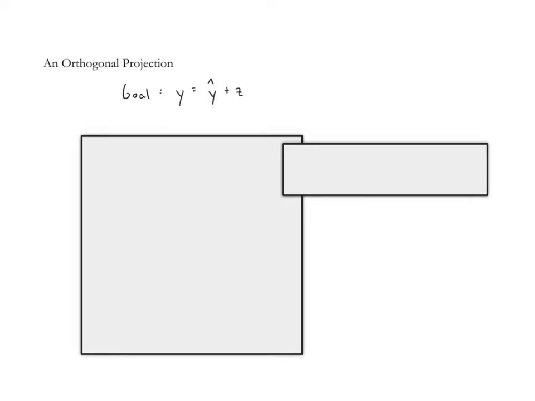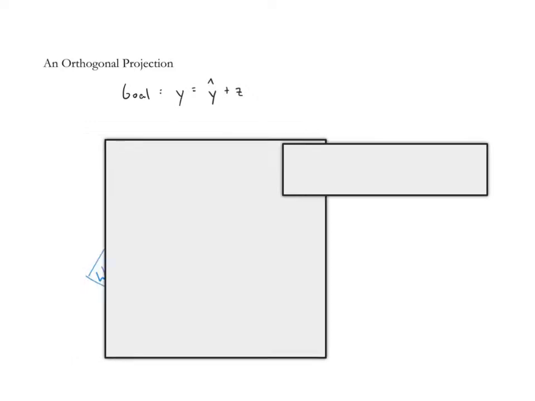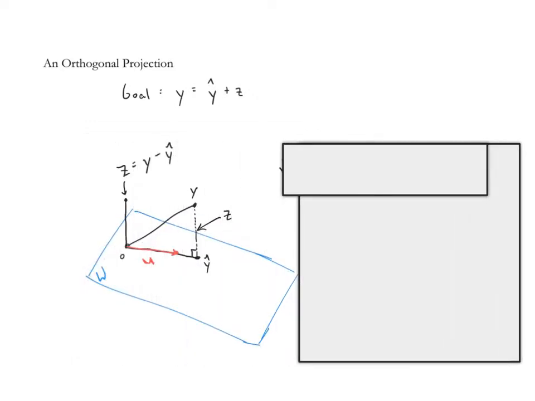In the relationship, what we're splitting y up into, one of them happens to be a multiple of some vector u in a subspace, and I'll show you what that looks like in just a second. I want to just go through the setup here. One of them is a multiple of a vector in a subspace, and the other one is orthogonal to that vector.